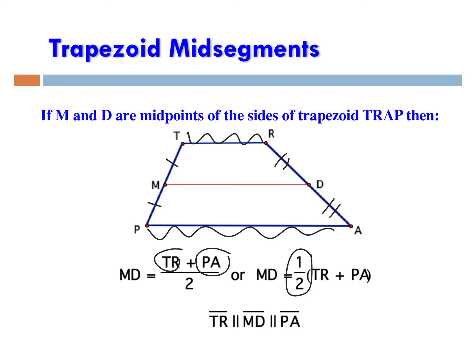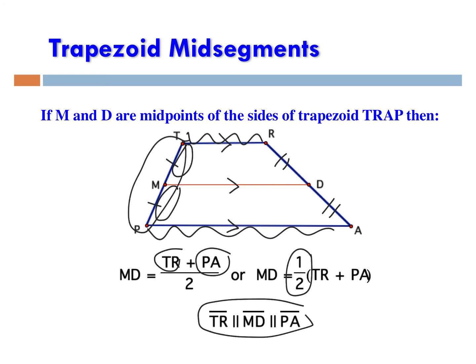You could factor it out, put it in the beginning, and then inside you would have TR plus PA. And then all 3 of these segments, the bases, along with the midsegment, are all parallel to one another. So we get consecutive angles here, consecutive angles here, consecutive angles for the whole thing, and so on. Just a lot of different things that you could apply that we've learned in this class.